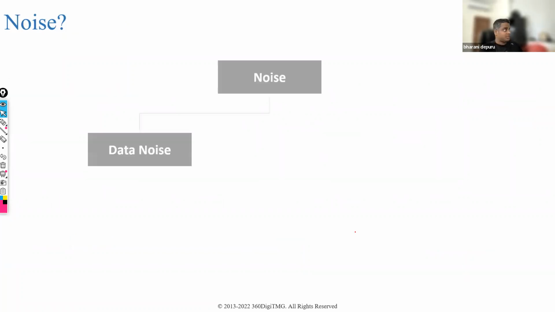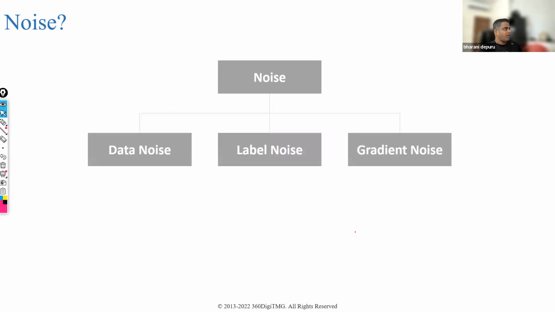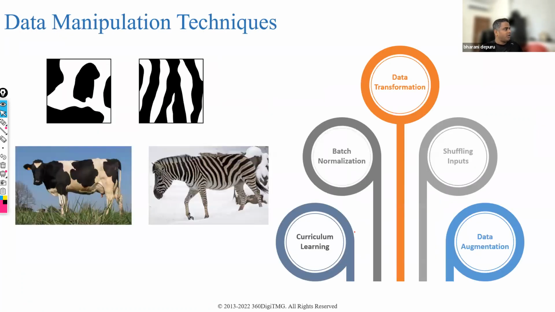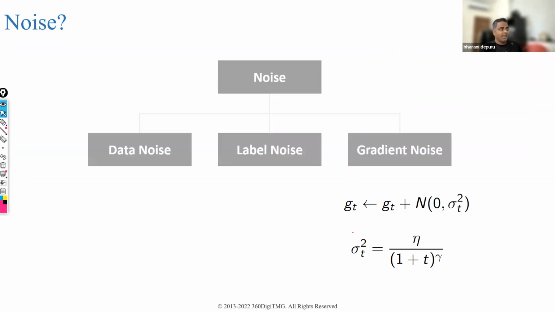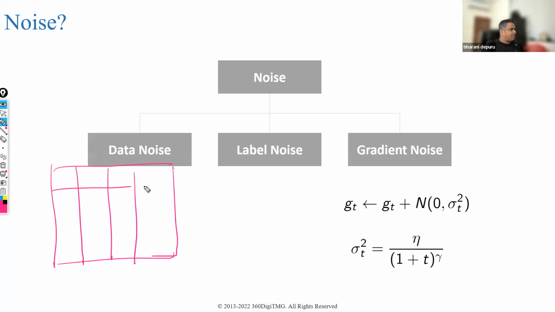Then you have noise. You have something called as data noise, label noise, gradient noise, etc. Data noise means you take your data, say you have your output variable. This output variable usually is also called as label.